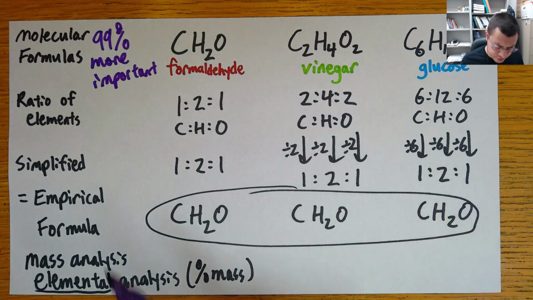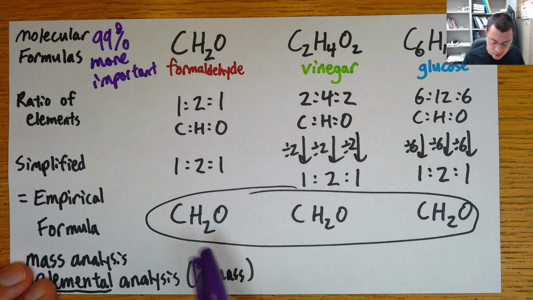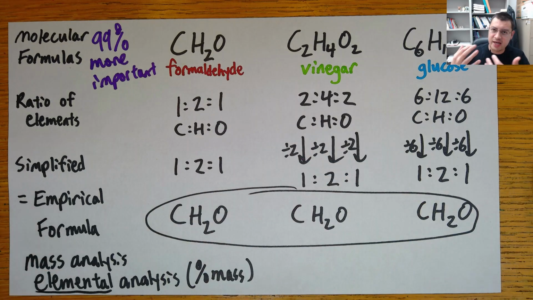The reason why we have to learn an empirical formula, though, is that every now and then we'll have to do some work where we might actually just be more interested in the ratio of the elements than where it actually came from. An example of that would be maybe you work in metallurgy or something, and you don't really care about the mineral form so much as just the percents of different elements and metals in the material.